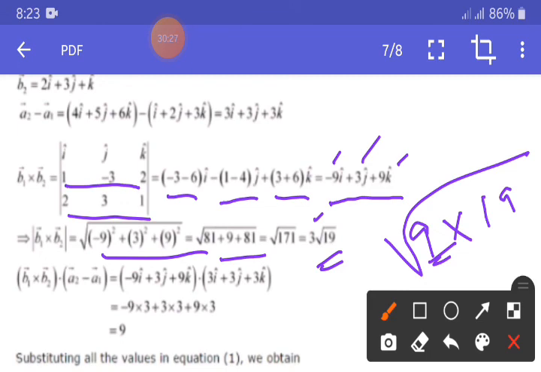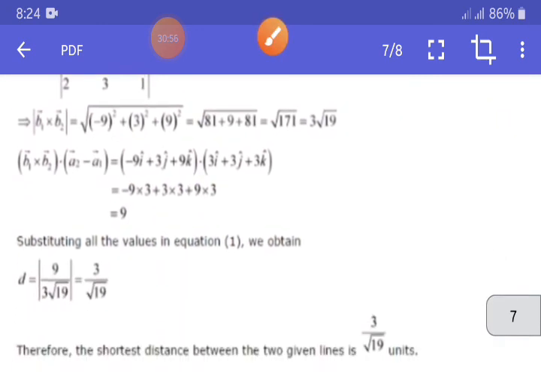We need b1 vector cross b2 vector dot a2 vector minus a1 vector. So minus 9 into 3 plus 3 into 3 plus 9 into 3. The minus 9 into 3 and plus 9 into 3 cancel, then remaining 3 into 3, which is 9.